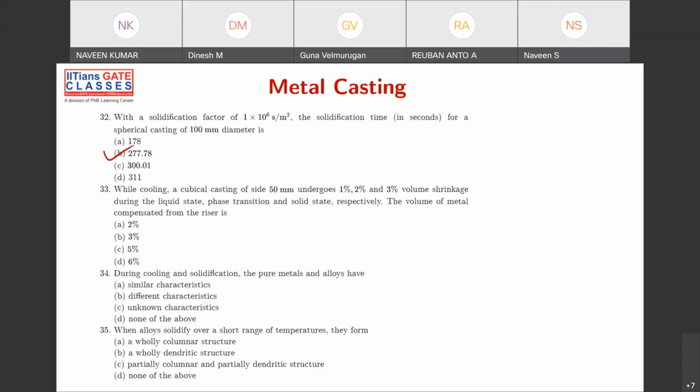It's a simple question now. What was this question? We have discussed this yesterday only. So this shrinkage and this shrinkage, I clearly told you. See, Praveen, how is it 5%?